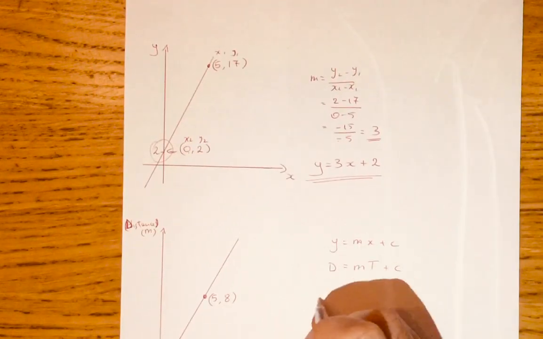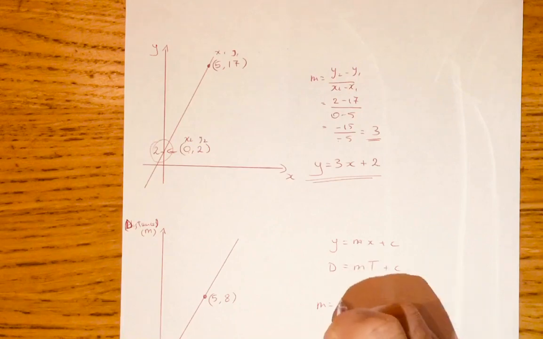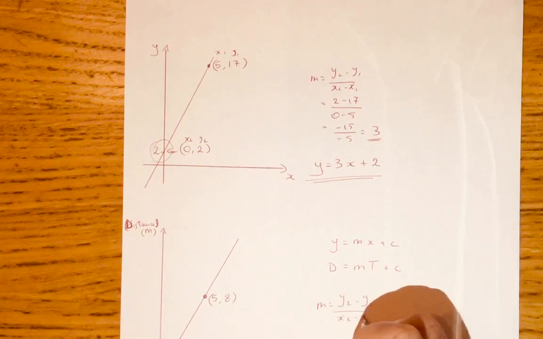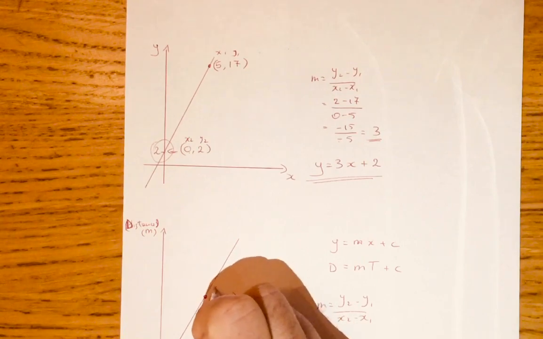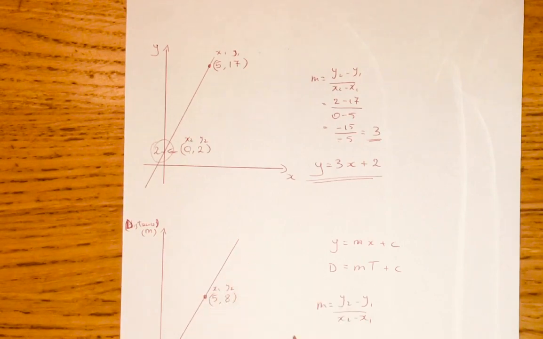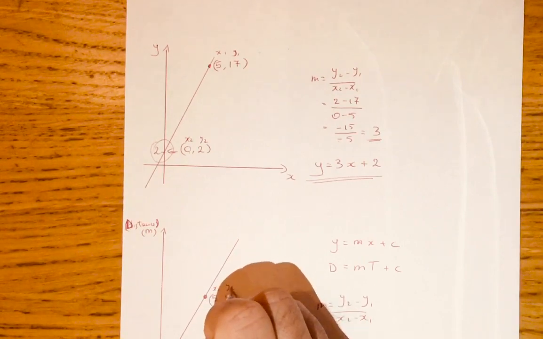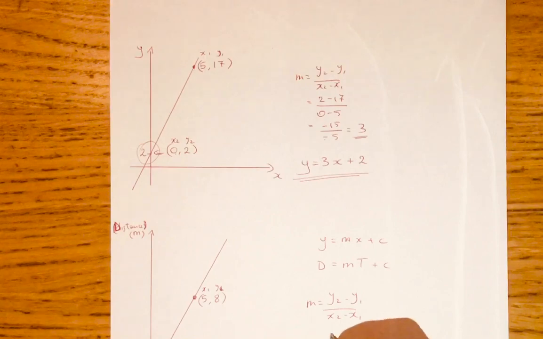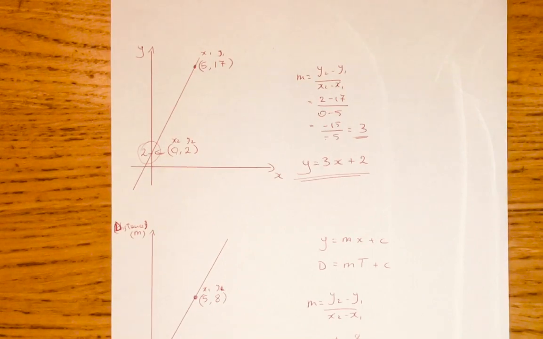M is the gradient, which is y2 take away y1 over x2 take away x1, x1 y1, x2 y2. So that is going to be 4 take away 8 over minus 1 take away 5.